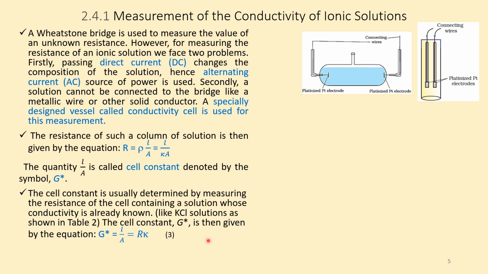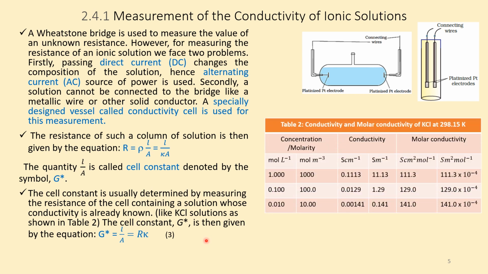Like KCl solution is used as electrolyte. The conductivity values of KCl solutions are depicted in table number 2 shown on your screen. Here for different concentrations, conductivity and molar conductivity are shown.